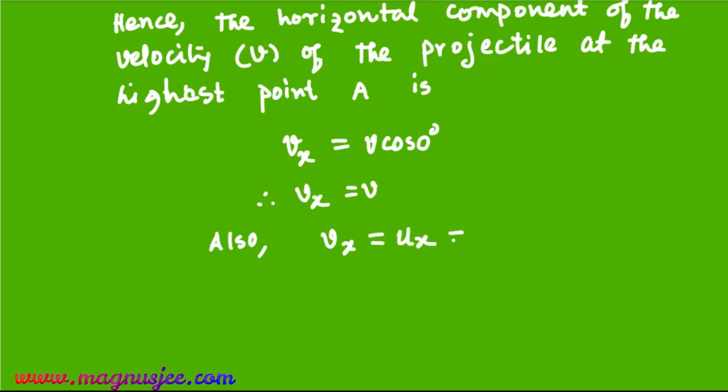That's why Vx equal Ux equal U cos theta. Therefore, the horizontal component of final velocity at the highest point is Vx equal V equal Ux equal U cos theta.